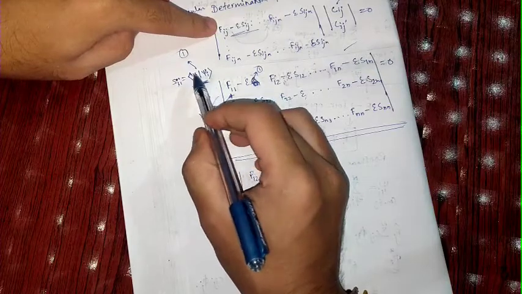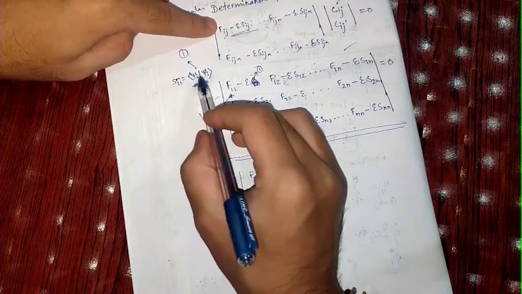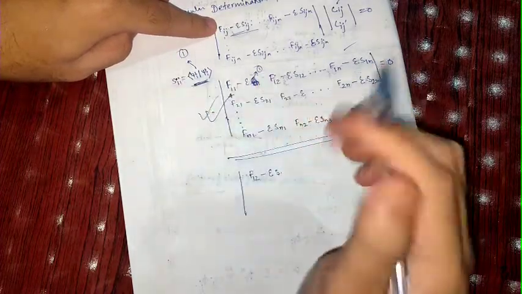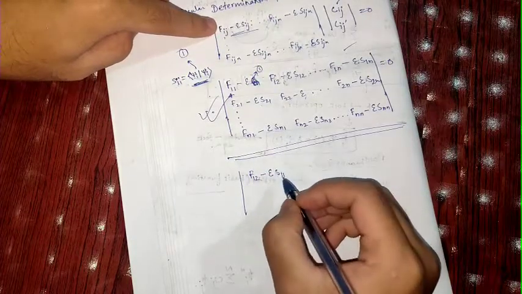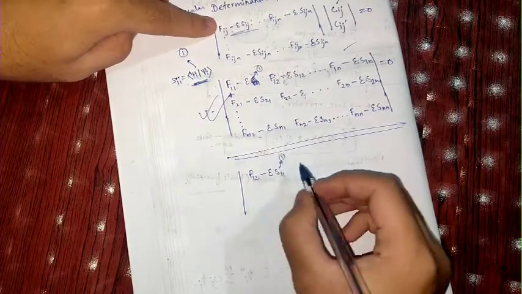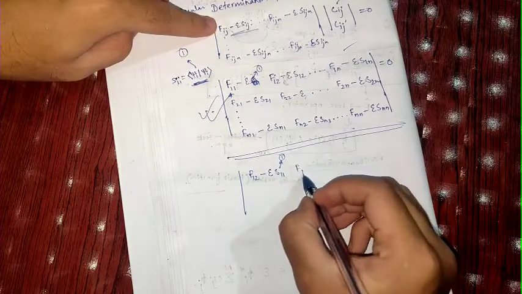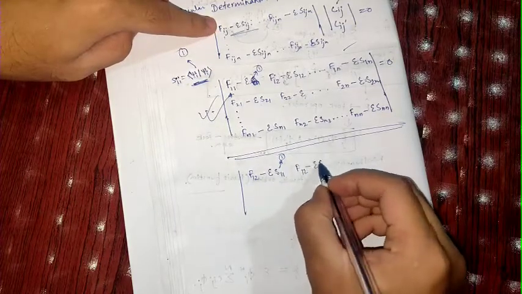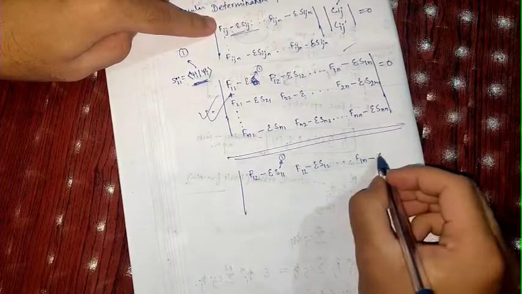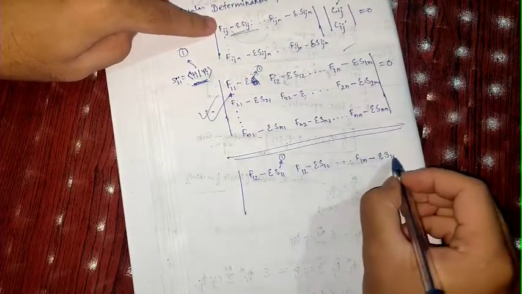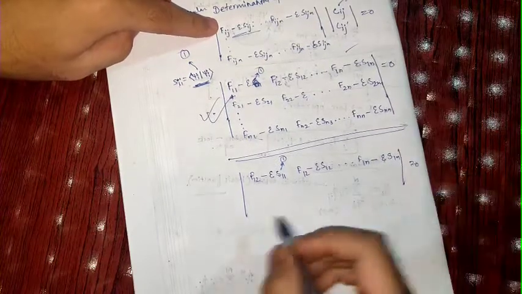Since psi is a normalized wave function, that value gives 1 ultimately. So here we can omit that S11, this is 1, and the rest are simply the same. F1n minus E S1n, that is equal to 0.